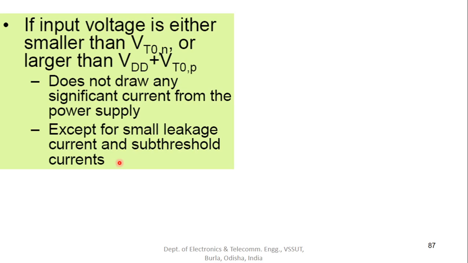When we go from the micrometer into the nanometer regime, these things become more and more important. But when the device is bigger in size, we can very well ignore these leakage and threshold currents.